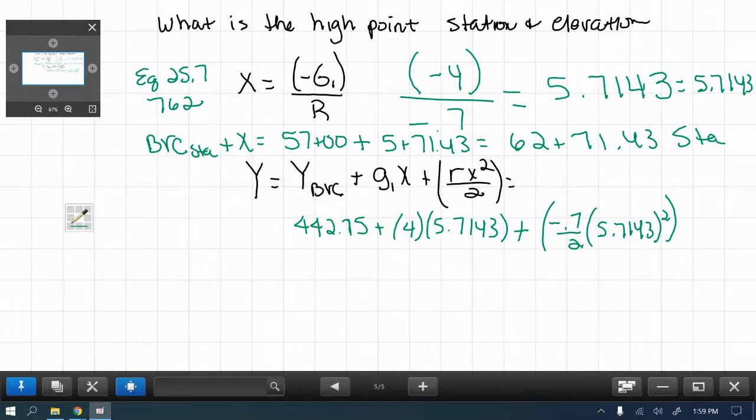All right, so 4 times 5.714. That gives me, let me do a different color.